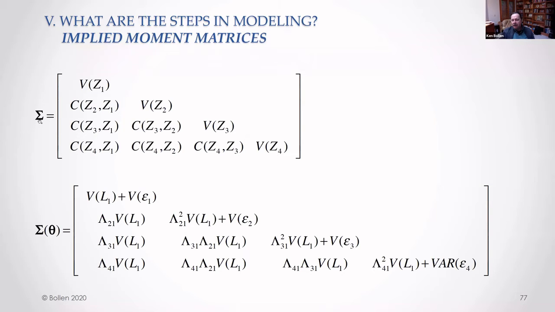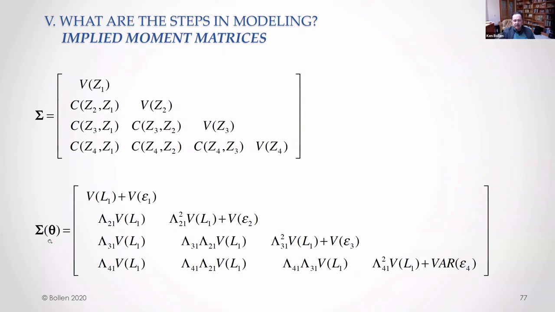This is what the population covariance matrix looks like for that 4-indicator factor analysis model. We've got the variance of each of the indicators, then all possible covariances of those indicators. That's the sigma in the expression sigma equals sigma of theta.